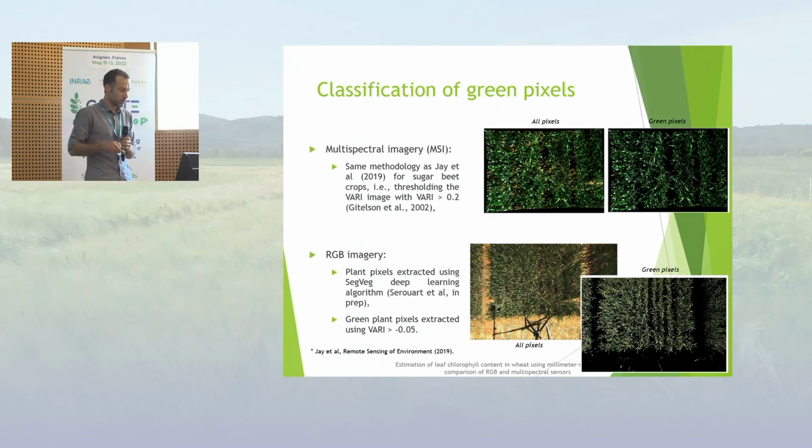For multispectral imagery, we used the same methodology we used in a previous study for sugar beet crops, which is just to compute the vegetation index image and threshold it. With RGB imagery, we used the algorithm Benoit told you about earlier to segment the plant pixels, and then we keep only the green plant pixels using a similar method as before.